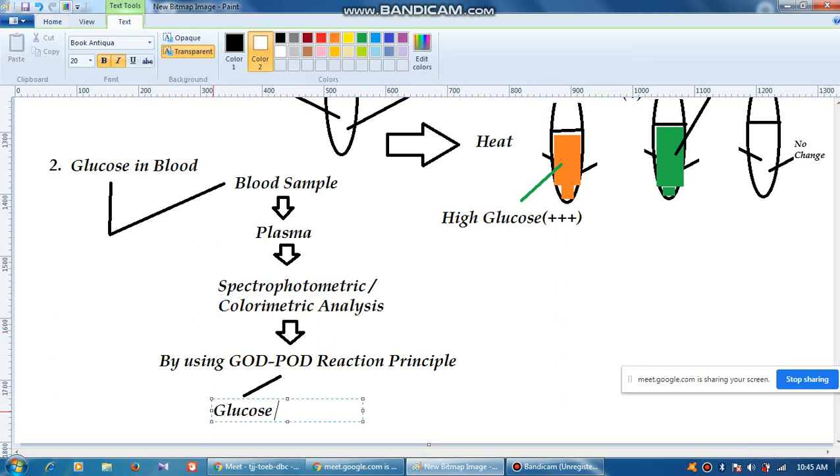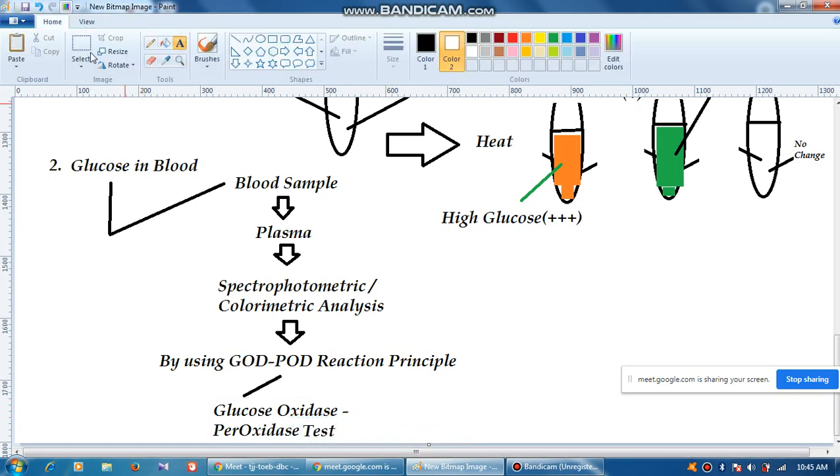Remember, GOD-POD stands for glucose oxidase peroxidase test. So the reaction which we will discuss later on is the glucose oxidase peroxidase reaction. Through the GOD-POD reaction only we will do the estimation of blood glucose, which we will do in the later class.